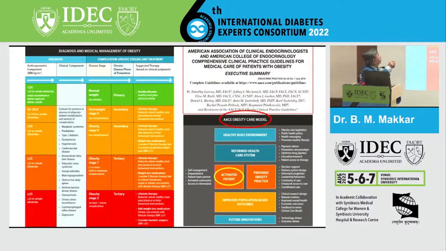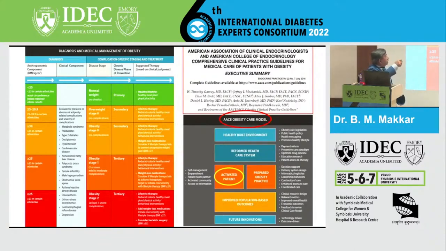People who have a BMI more than 25 or more than 30, depending on ethnicity, can be classified as stage 0 of obesity, and you have to see whether they already have some complications, such as metabolic syndrome, prediabetes, diabetes, dyslipidemia, and so on.